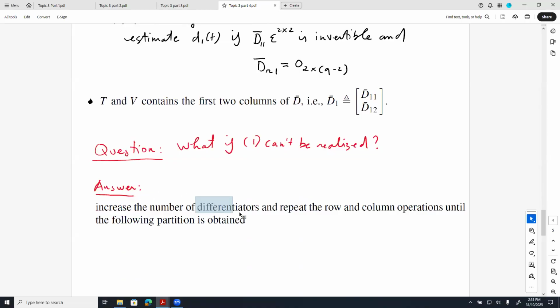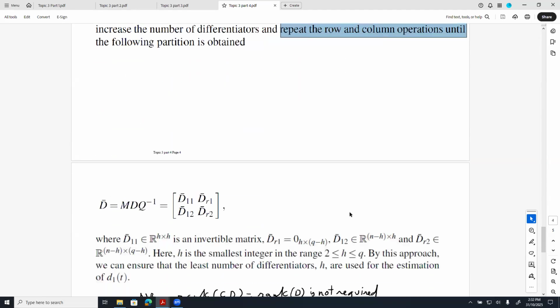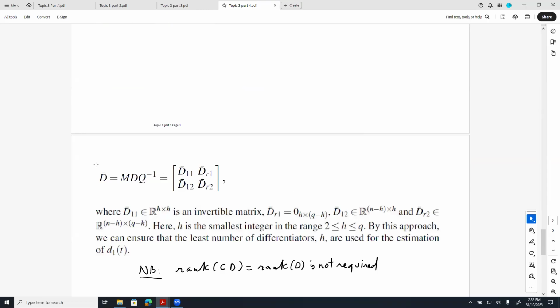We mean output differentiators. And so we look for 3 output differentiators, and we go on to repeat the row and column operations until we achieve this new D matrix.